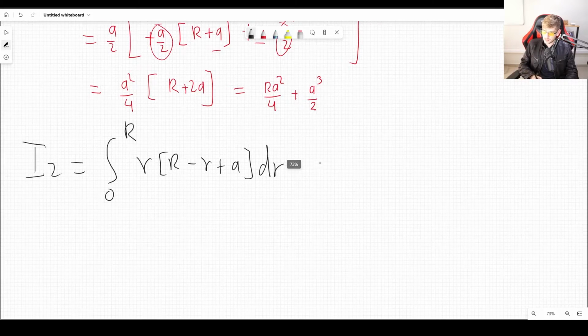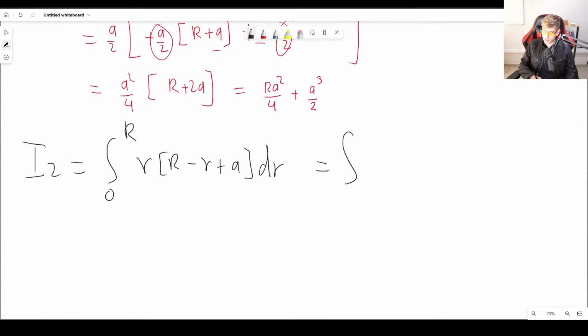So easiest way for me is to just write it out. So we get minus r squared plus r plus a, right? This is everything that only has one r, and all of this dr.